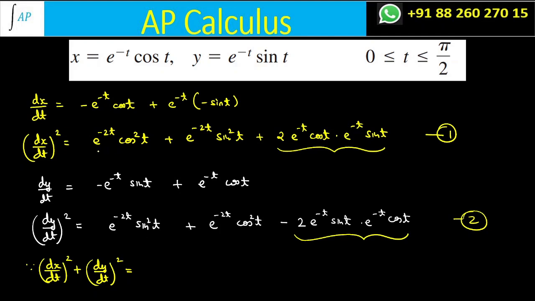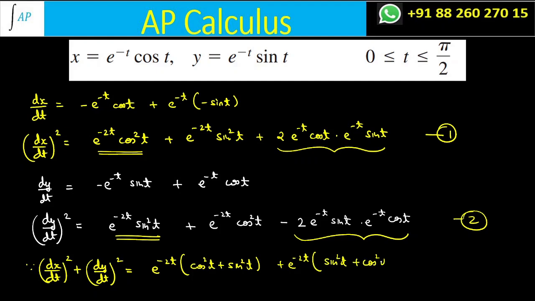And here also, when you add the first two terms, you can take e power minus 2t as common, and it will be cos square t plus sin square t. Similarly from the second one also, we can take this common and we will get sin square t plus cos square t. Now cos square t plus sin square t will become 1.